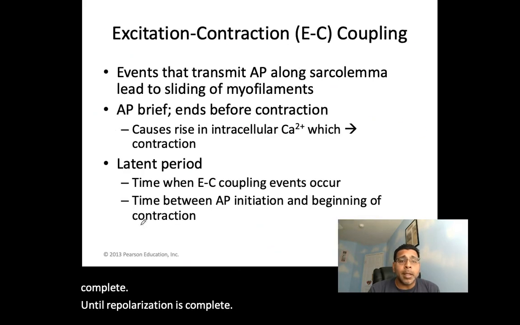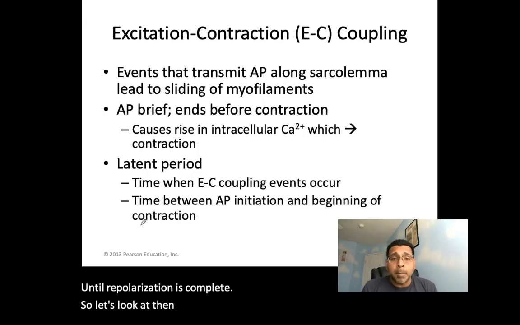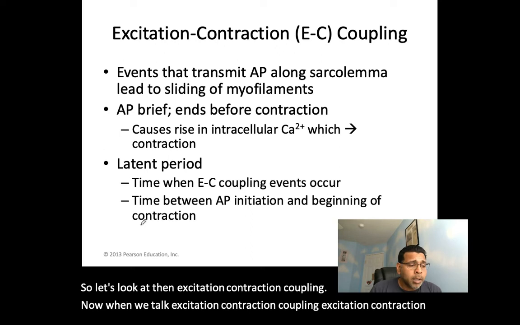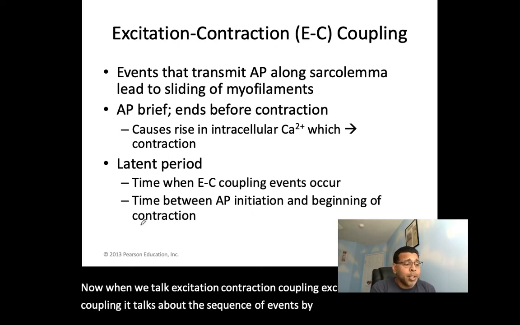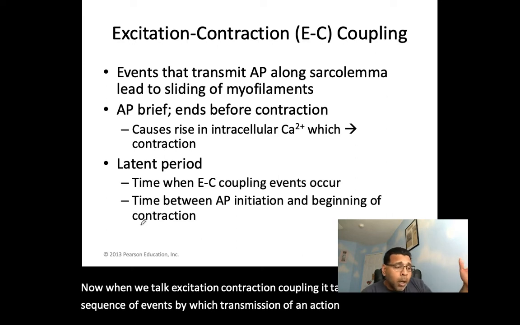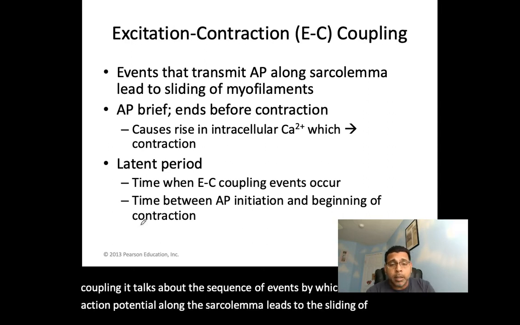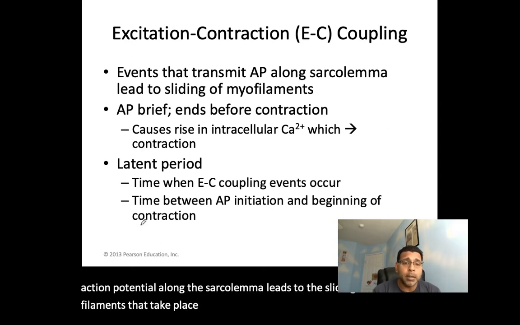So let's look at excitation contraction coupling. Now, when we talk excitation contraction coupling, it talks about the sequence of events by which transmission of an action potential along the sarcolemma leads to the sliding of the myofilaments that take place inside of the cell.